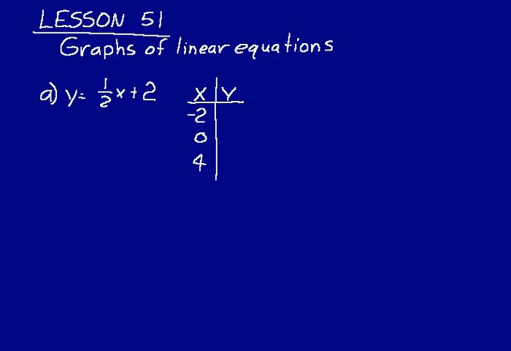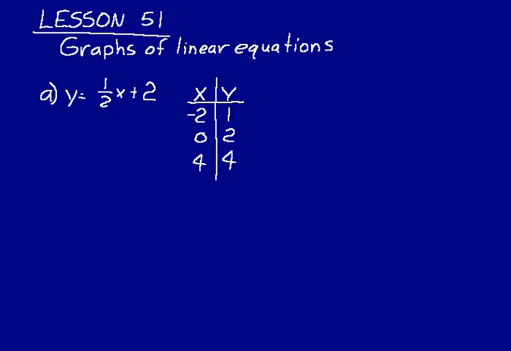When x is -2, we'd have 1/2 times -2, which would be a -1 plus 2, so that'll be a +1. Then when x is 0, we'd have 1/2 times 0 plus 2, which will just equal 2. And then when we have a 4 in there, we'd have 1/2 times 4 is 2 plus 2 equals 4.